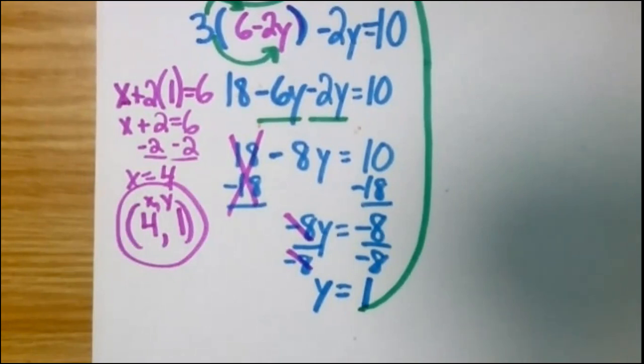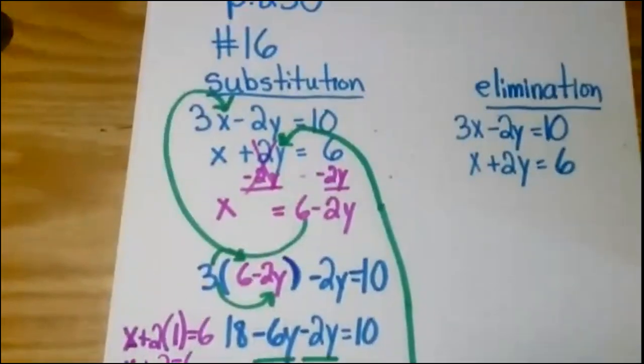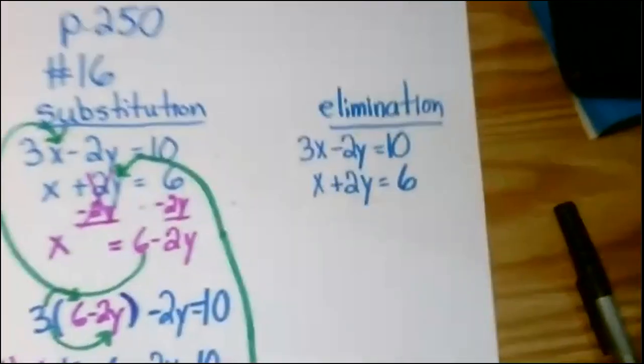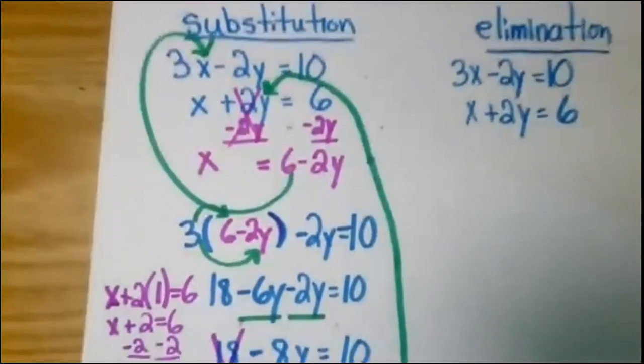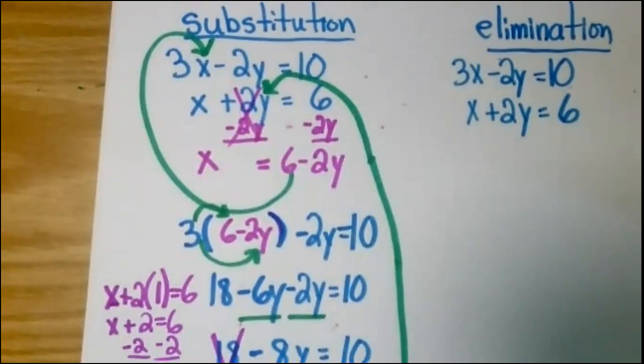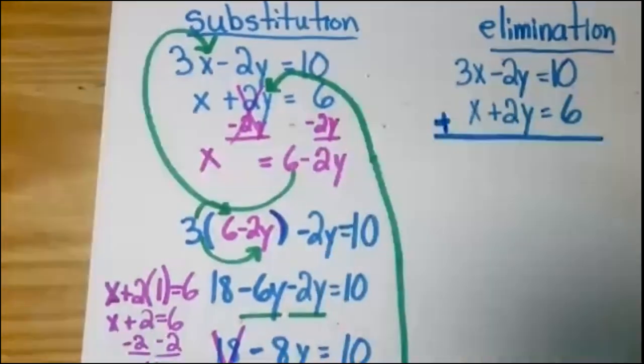If we use elimination, are we going to get that same answer? That's what the question is pretty much asking you. So let's go up now and use elimination. I'm going to add the two equations together and get rid of one of the variables. I see which variable I can get rid of right away.